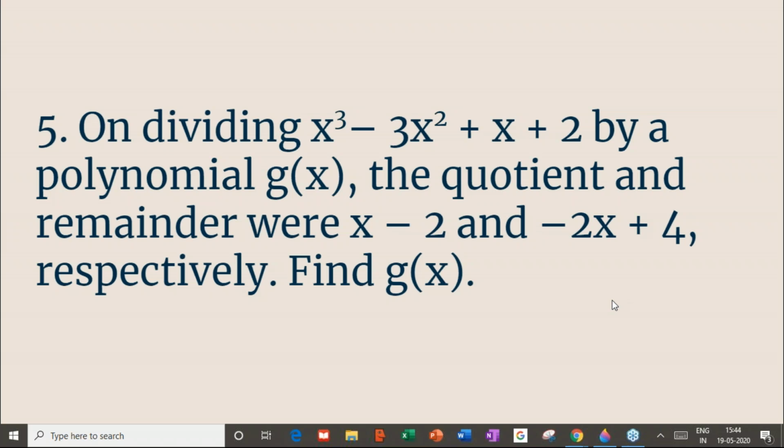Anybody? P of x is given, q of x and r of x is given, g of x is the unknown. You will get something like an equation. And you need to solve one more step ahead after you get the equation.